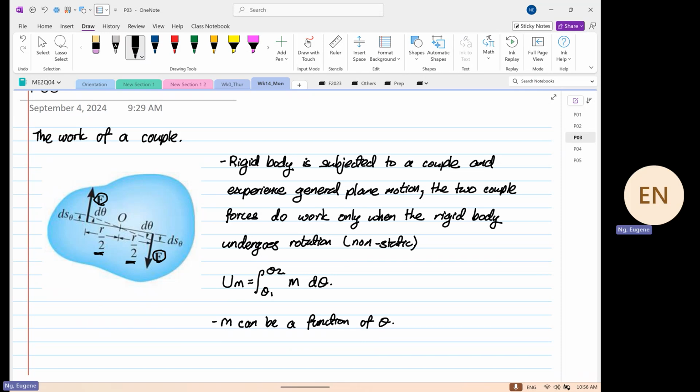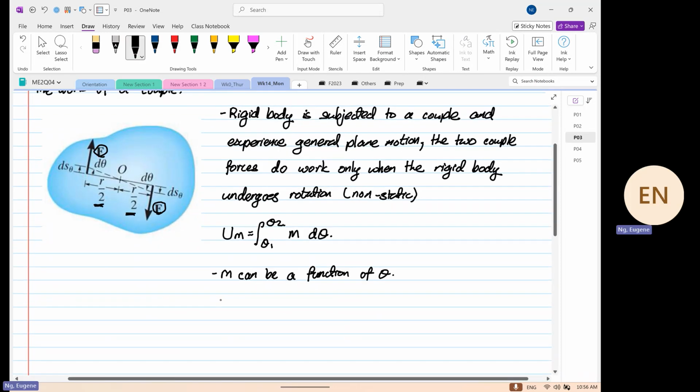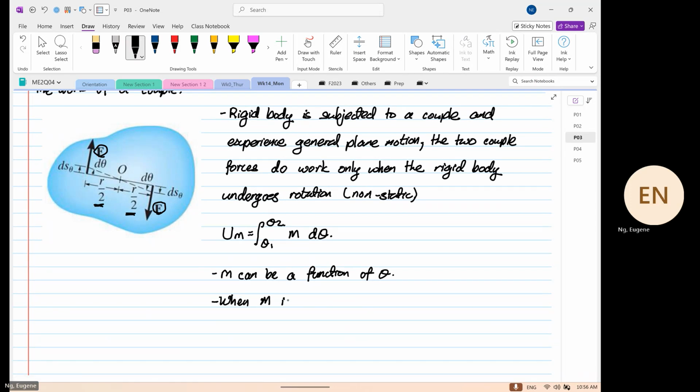However, when M is a constant, then the work done due to the moment is equal to M bracket θ2 minus θ1.